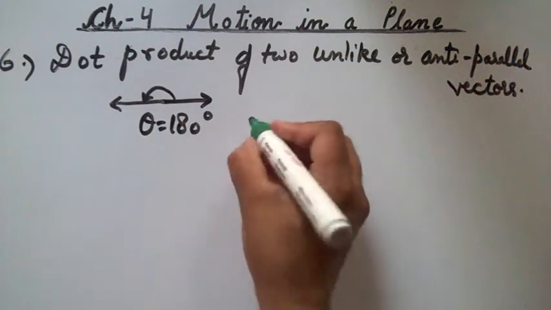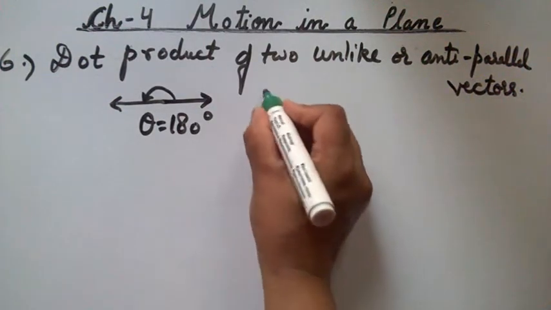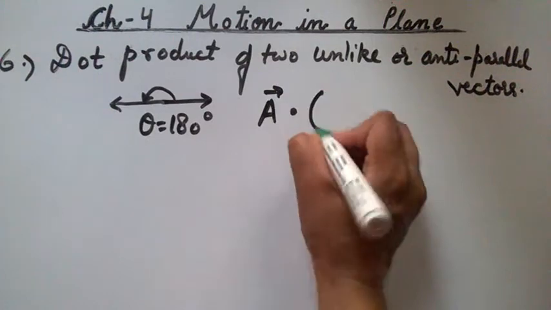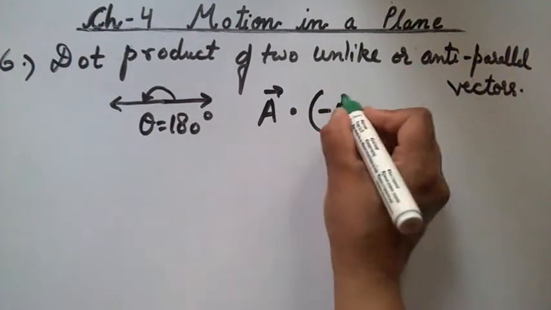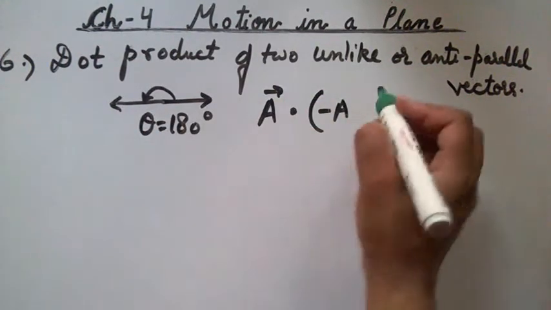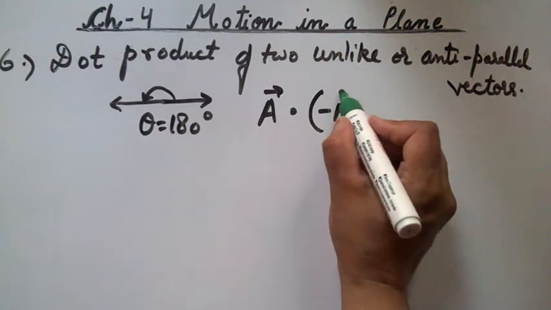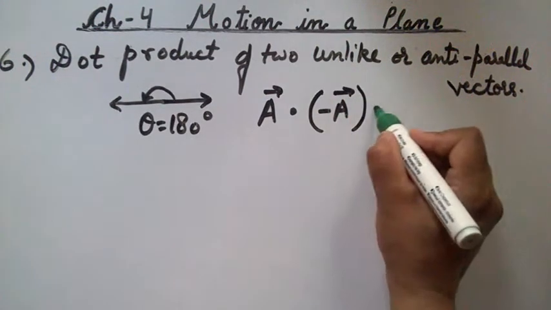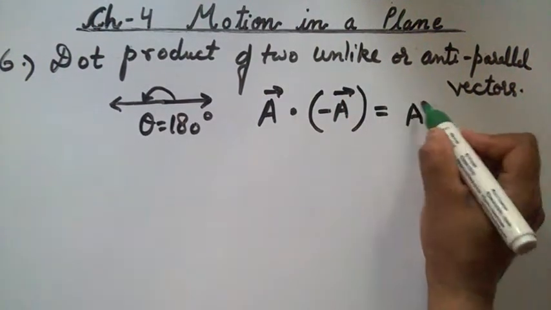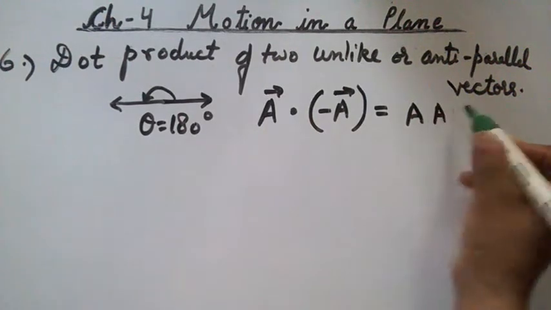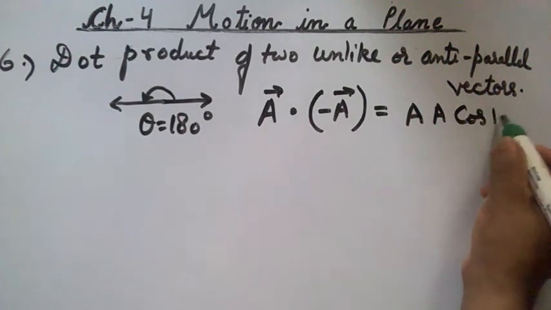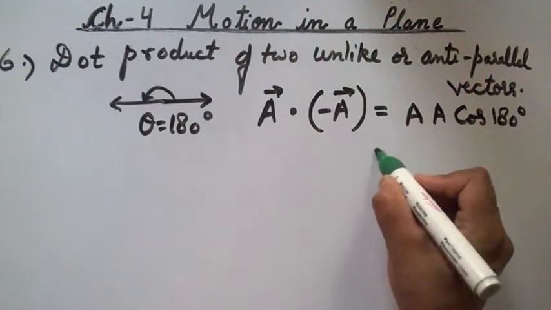Therefore, if a vector and another are in opposite or anti-parallel direction, then it is equal to A into A cos 180, which is equal to minus A square.